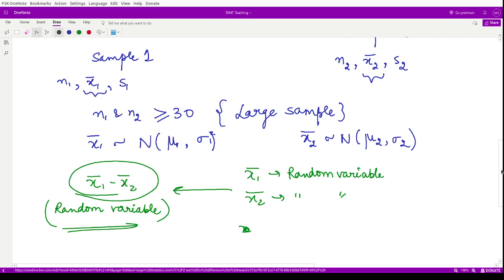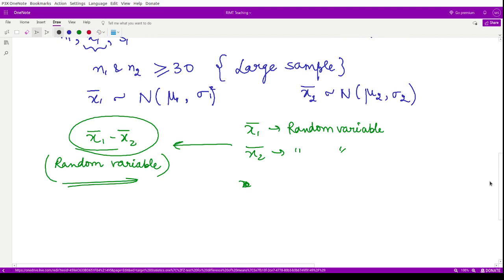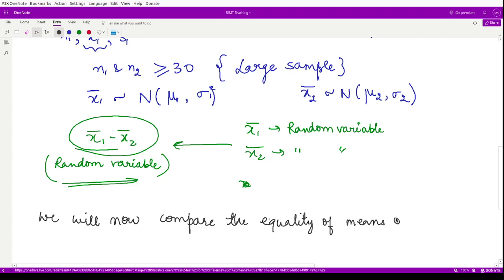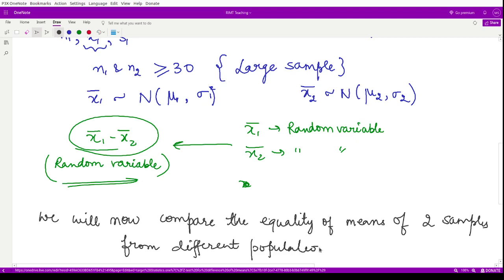So basically what we are saying in the hypothesis is that we will now compare the equality of means of two samples from different populations. That is the aim here, right?